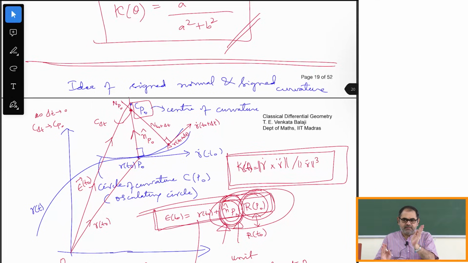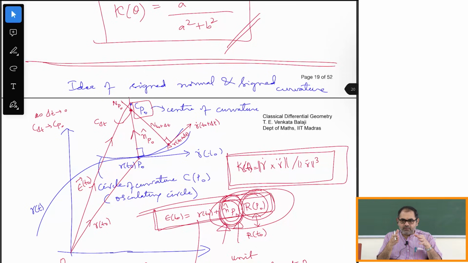But the normal direction is not uniquely given, because through a point I can draw a normal line, and to choose a normal direction I have to choose one of the two opposing directions. So in order to have a uniform choice, we define what is called the signed normal: you take the tangent, rotate it by 90 degrees anti-clockwise, and you call that the signed normal.